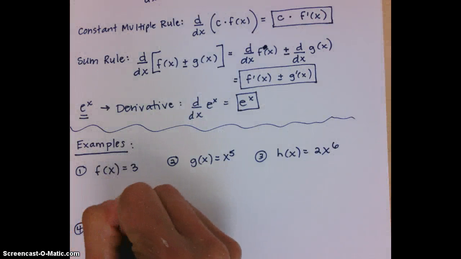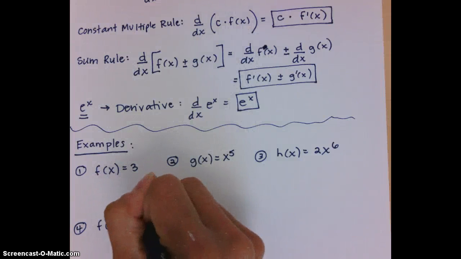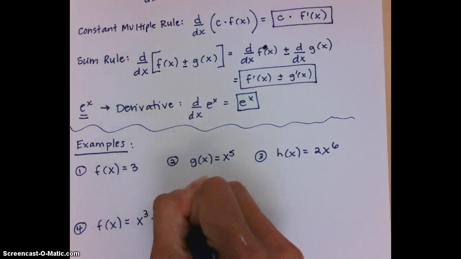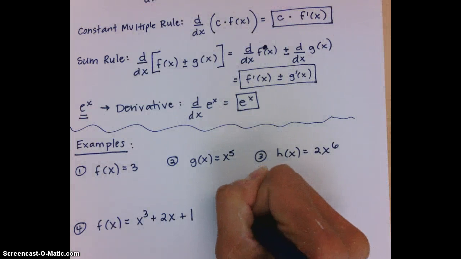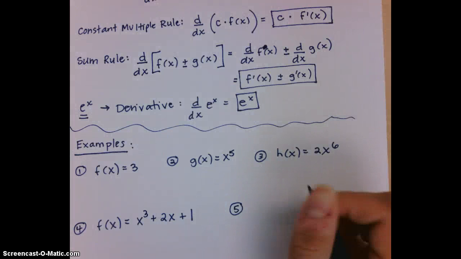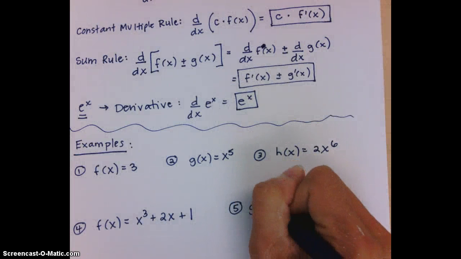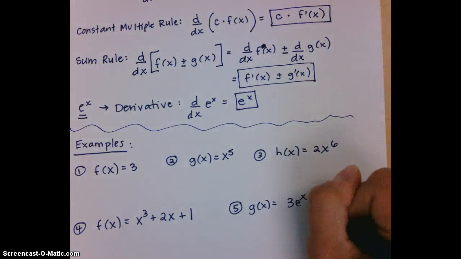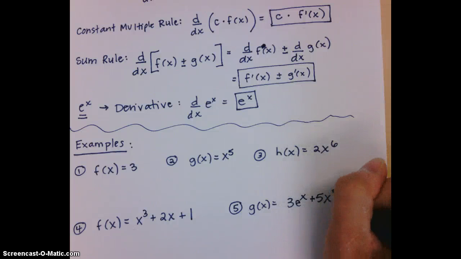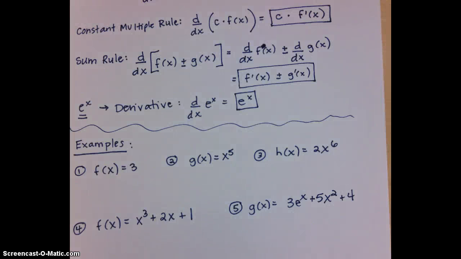The next function, which I called f, is going to be the function x cubed plus 2x plus 1. And my last function is going to be the function g of x equals 3 e to the x plus 5x squared plus 4. So why don't we pause for a moment and use some of the rules that we described above to find these derivatives, and we'll come back and take a look at the answers.